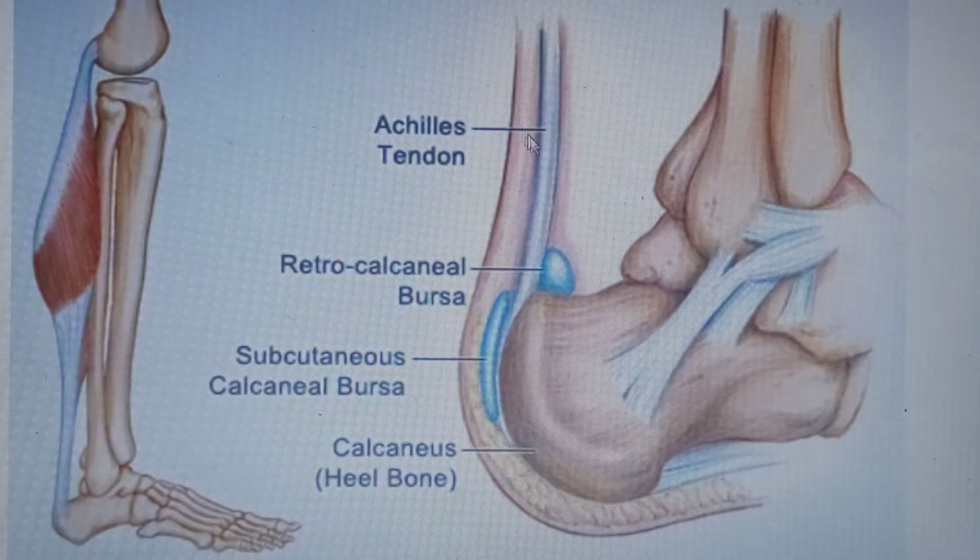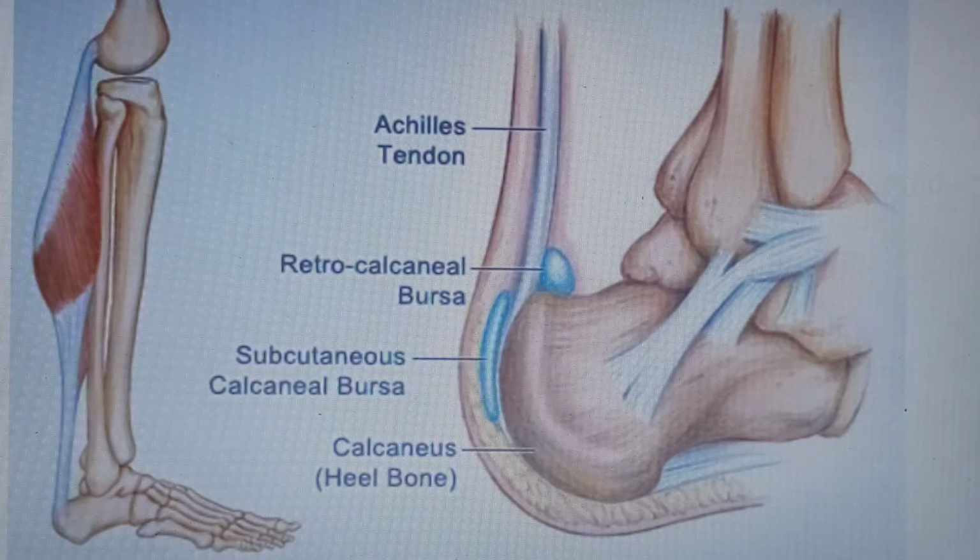Now again, there could be friction around this tendon, because almost all the time we are moving, doing plantar flexion and all that. Now what will happen is that there are synovial fluid filled sacs known as bursae to help minimize this friction. So there are two of them. One is subcutaneous. That's the subcutaneous bursa, which is found between the skin around the posterior area of the heel and the Achilles or calcaneal tendon.